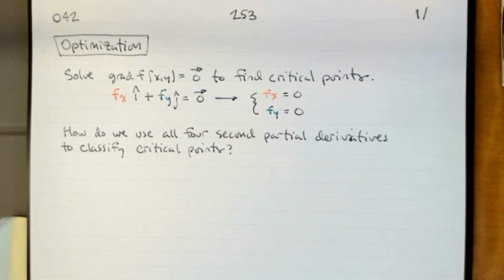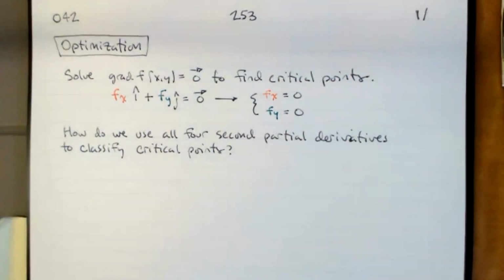So first, we need to define a particular function. We need to set up a discriminant.